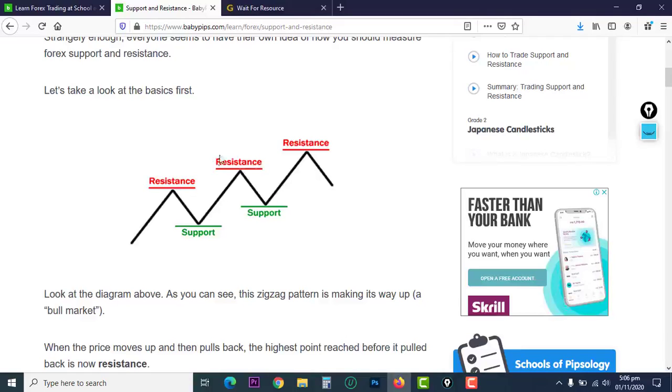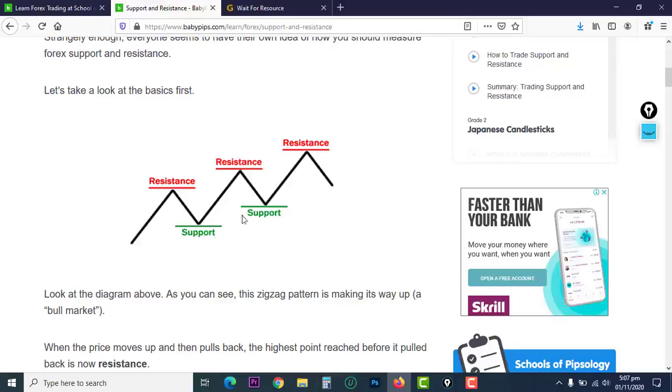There are also sellers in this area of the market who are uncomfortable with the prices of the currency pair at this level. And what did they do? They executed sell orders. What happened was that prices fell back down. However, this time also the prices did not drop down to this level. It stopped here. Why?